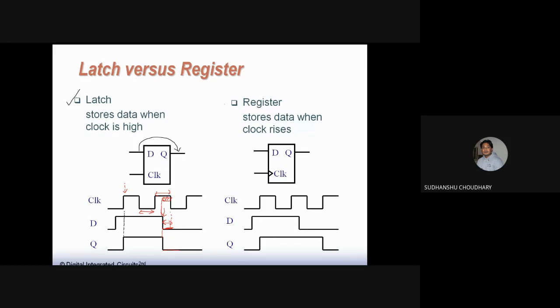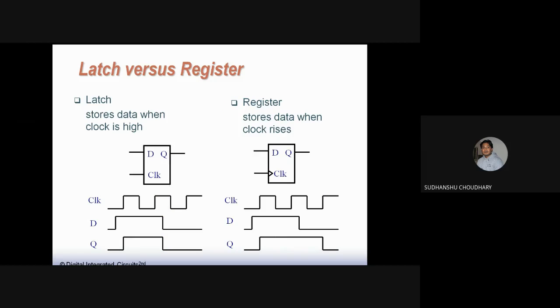Similarly, the register. If you look at the register, this stores data when the clock rises. So this is a positive edge triggered register. The symbol to differentiate a positive and negative edge triggered register is that you place a bubble over here to say that it is a negative edge triggered register.